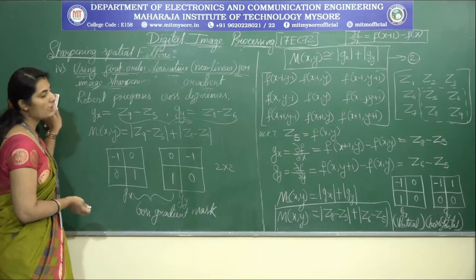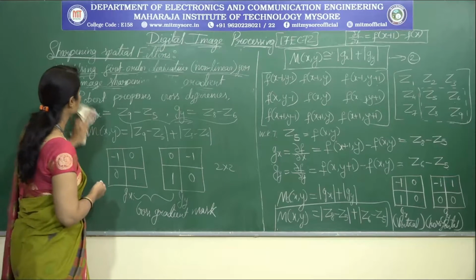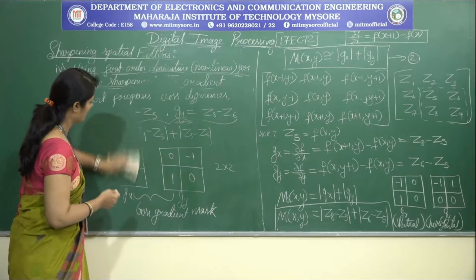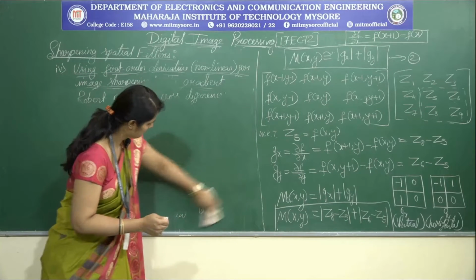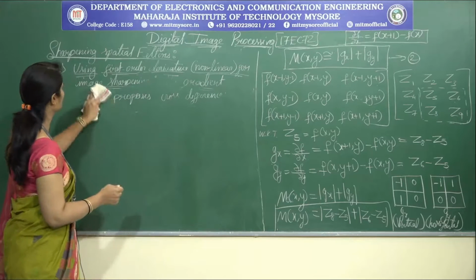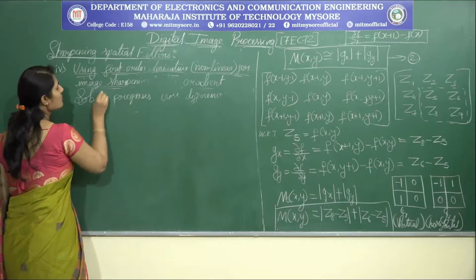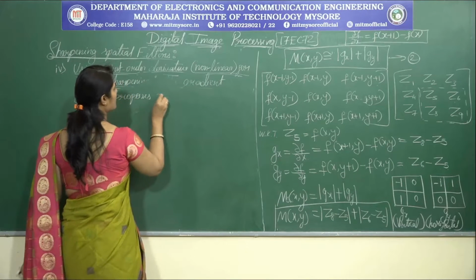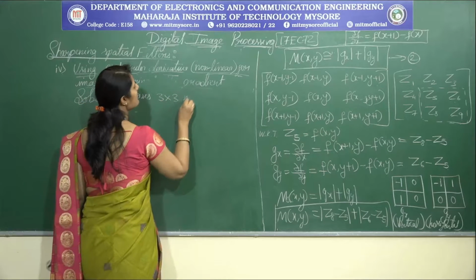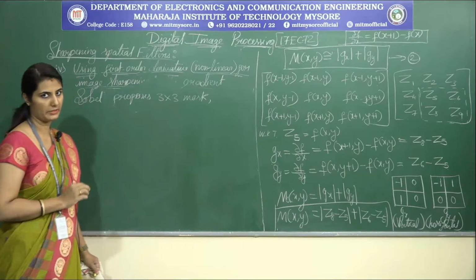So Sobel proposes this kind of mask, the 3 cross 3 mask, which is the smallest odd mask which can have a center of symmetry.